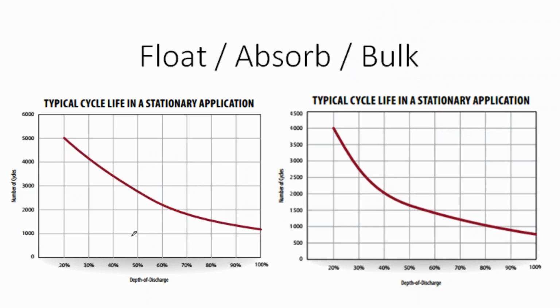And this is what I think is a little bit disingenuous when lithium-ion manufacturers say, oh, well, you can use 100% of the range of a lithium-ion battery, so you can get away with a smaller battery. Well, that's really not true when it comes to off-grid.